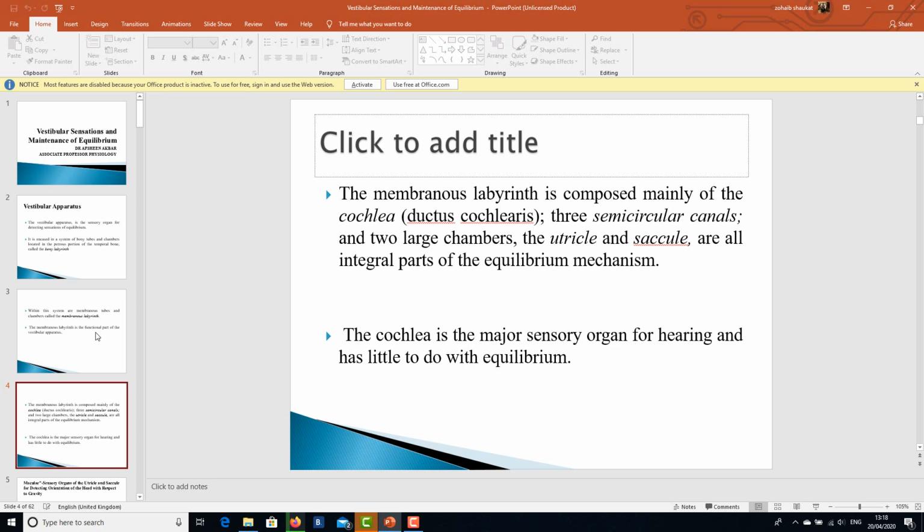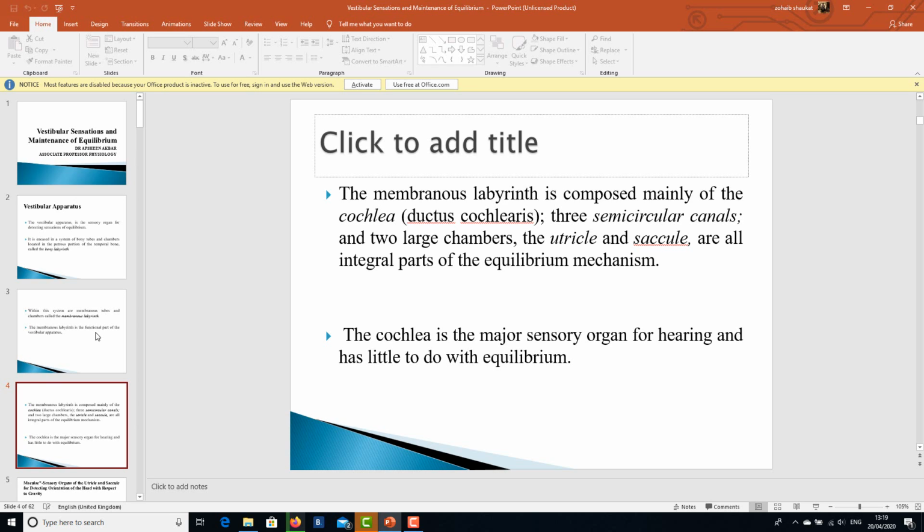The membranous labyrinth is composed mainly of the cochlea, ductus cochlearis, 3 semicircular canals, and 2 large chambers, which are the utricle and saccule. They are all the integral portions of the equilibrium mechanism.